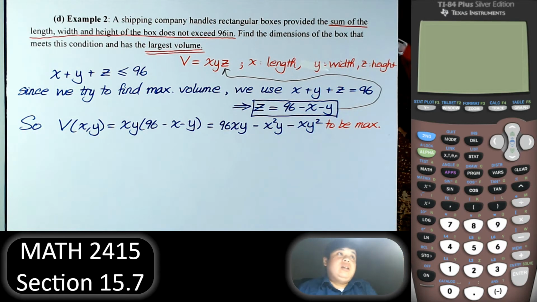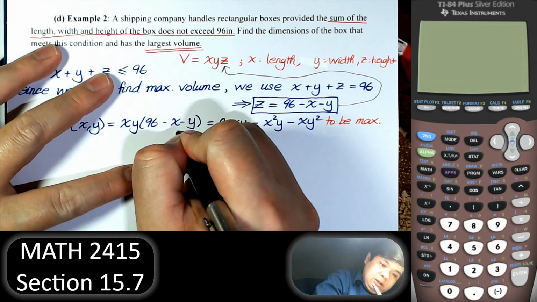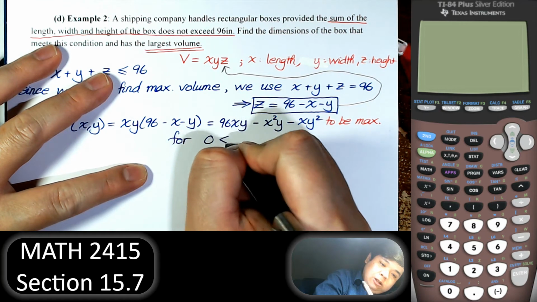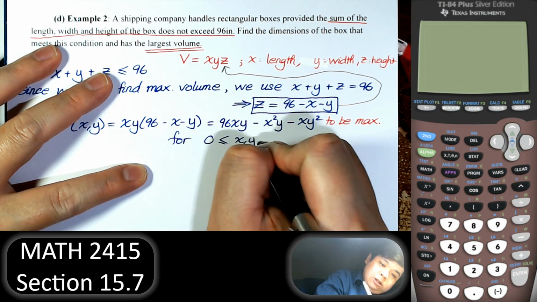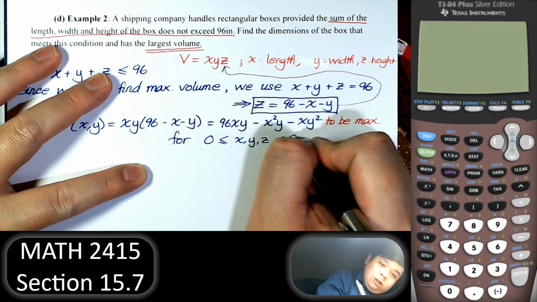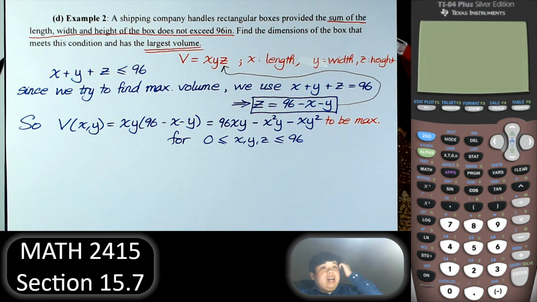Also, x, y, z cannot be less than 0, and they cannot be more than 96 either. If they add up to 96, they cannot be more than 96, and any measurement cannot be negative.